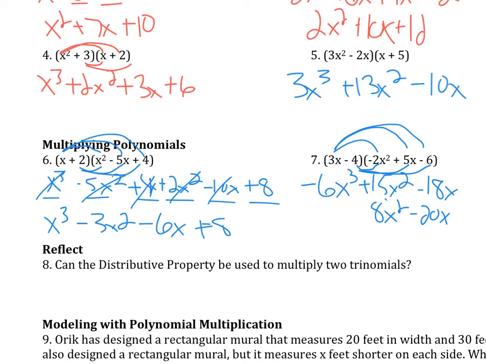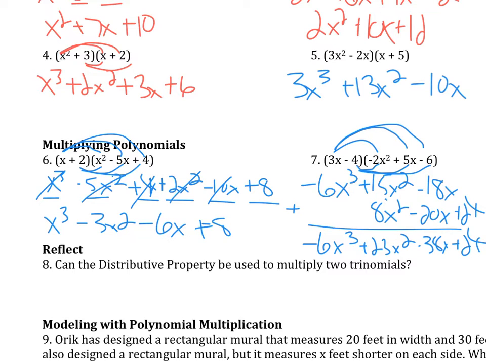And then negative 4 times negative 6 is a positive 24. And then they add those straight down. Everything's lined up, so we're good. That gives us 23x squared minus 38x plus 24. Whatever method you prefer is good with me, as long as we're getting the same solutions at the end.